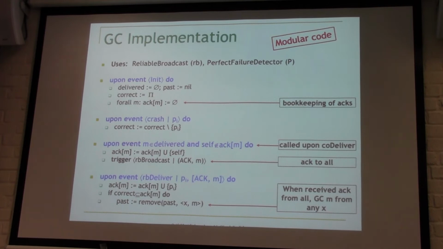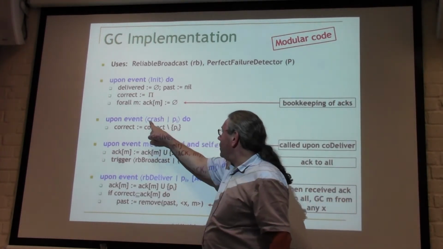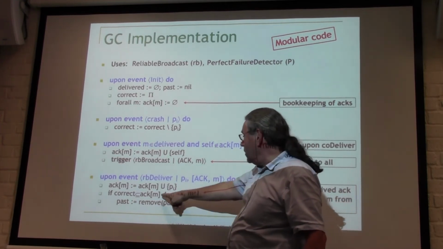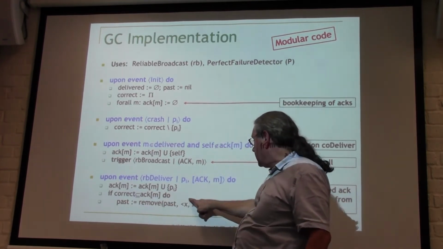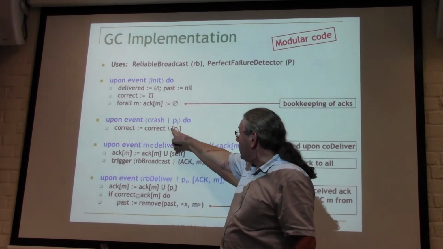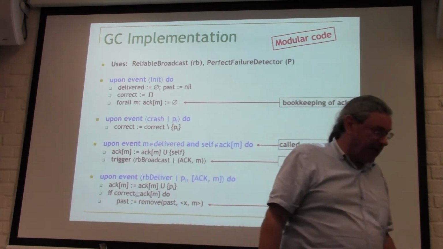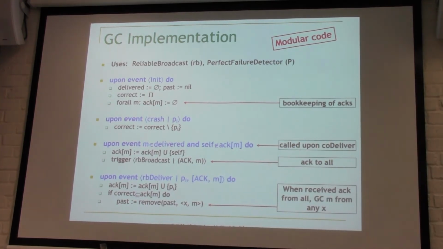Yeah, if there's a mistake, we lose the chain of causality, and then the properties are broken. If there is a mistake, we incorrectly assume Pi has crashed when it's still alive. That means we will remove a message from past even if that node has not received it yet. So we break the chain of causality, so it doesn't work. Unfortunately, that would have been way too nice.